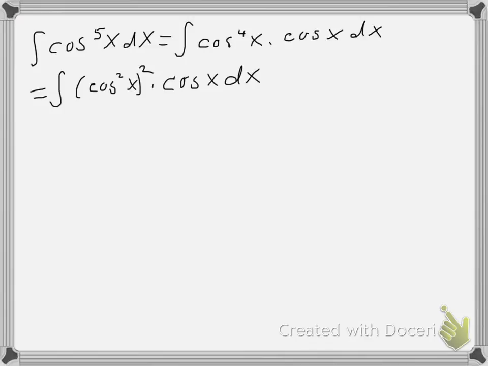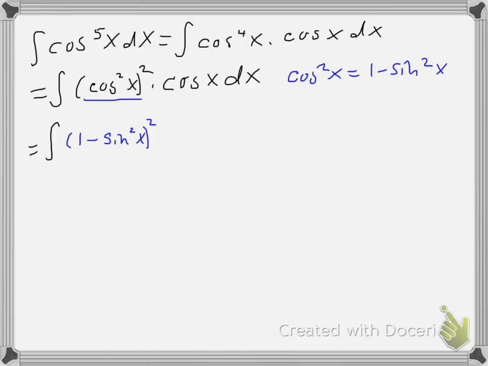Now, if we use the substitution that we had before, we can say that the cosine squared of x is equal to 1 minus sine squared of x. I'm going to replace that here. So this is going to be the integral of 1 minus sine squared of x, squared, times my cosine of x dx.